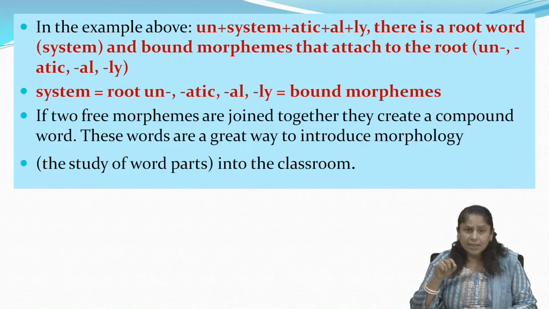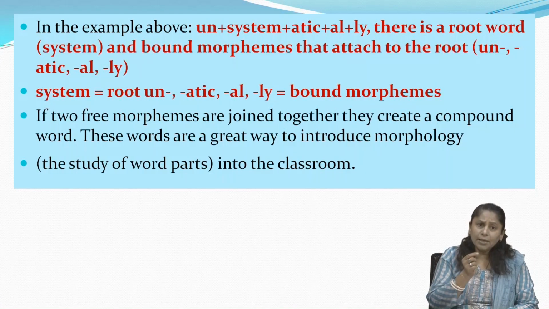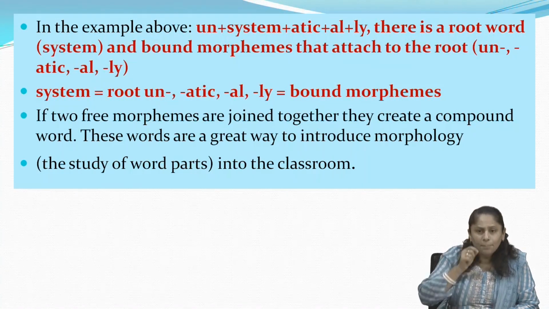Un is taken, al is taken, ly is taken. So systematic, atic is also a suffix. Al is also a suffix. Ly is also a suffix, and the beginning part is un. So un is the prefix.